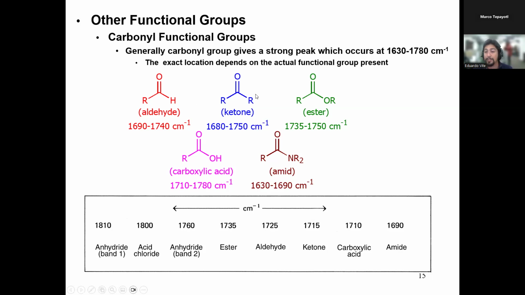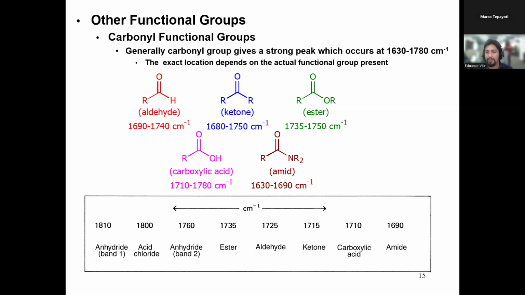So depending on which specific type of carbonyl functional group you have, you're going to have that carbonyl peak at specific regions, but always in a very narrow range of the spectra.